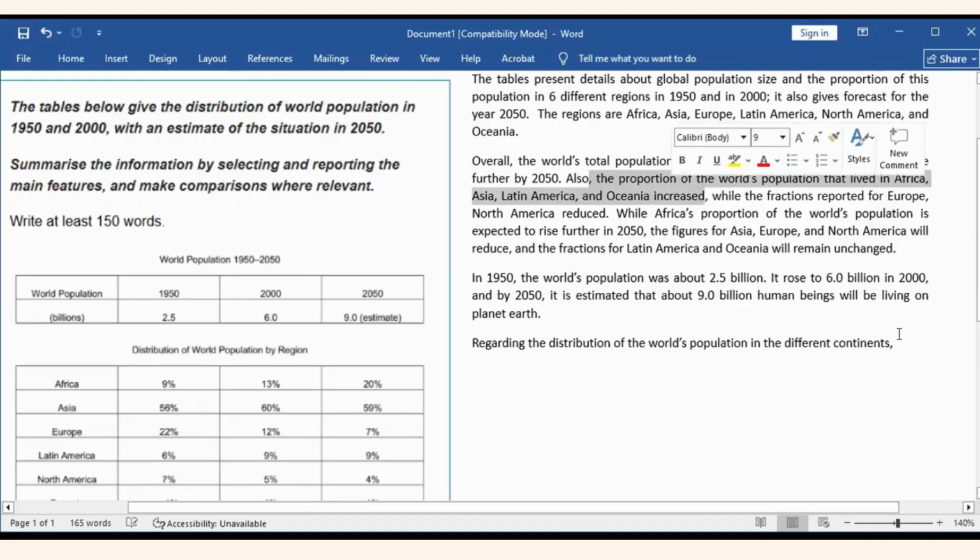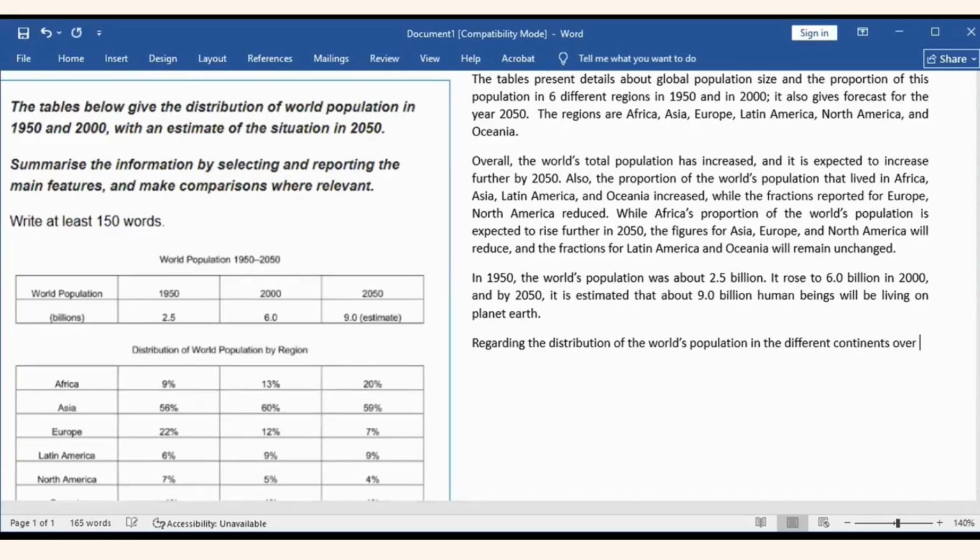The ones that increased. Regarding the distribution of the world's population in the different continents over the period, 9% of the world's population lived in Africa in 1950.